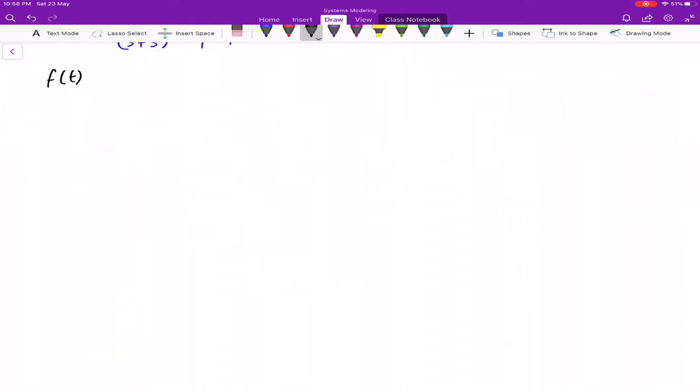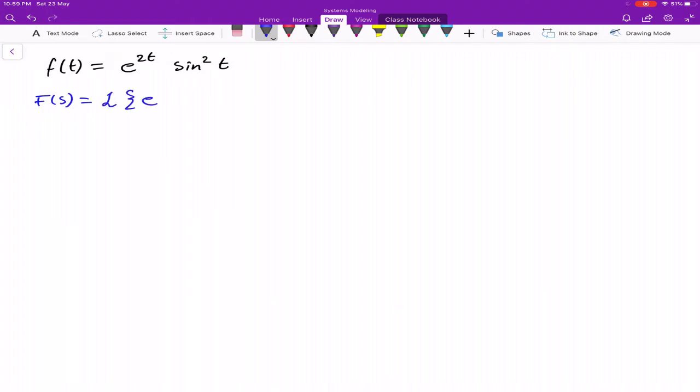f of t is equal to e to the 2t sine squared t. Again, we want to take the Laplace transform of the time function, which is equal to the Laplace transform of e to the 2t times sine squared t.